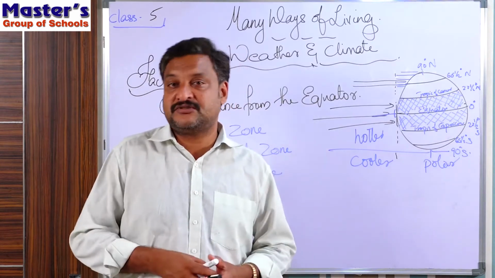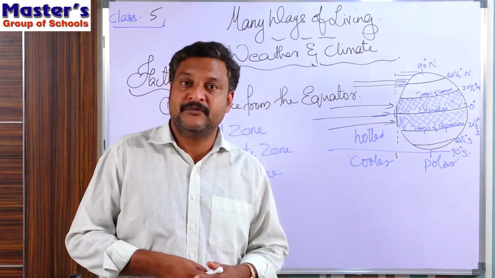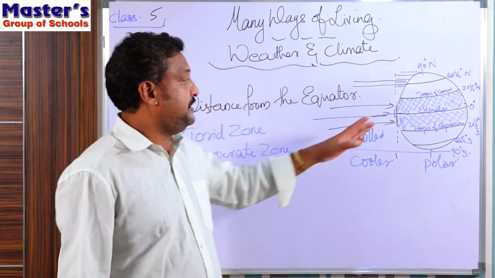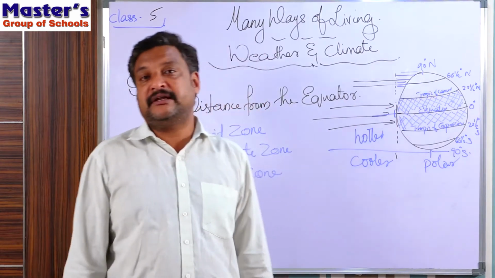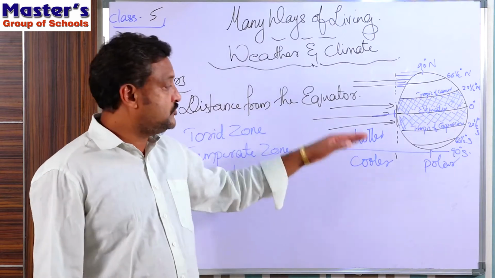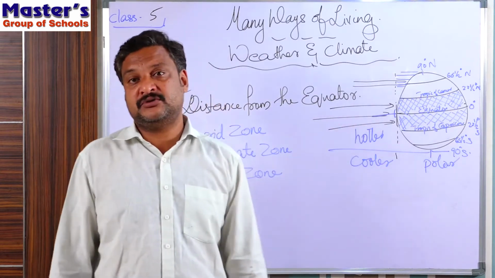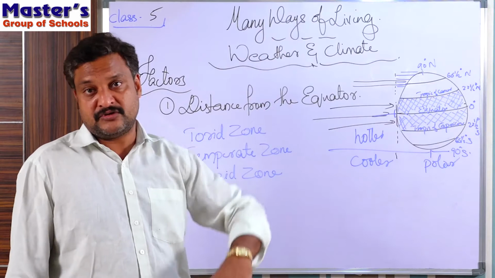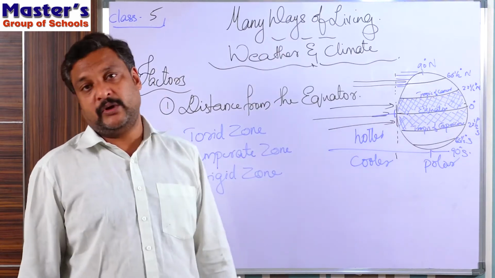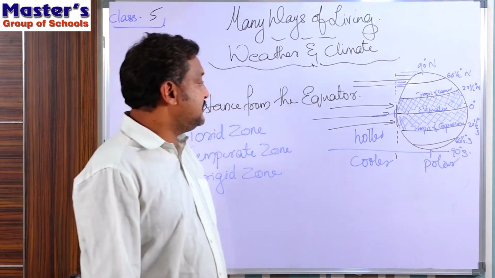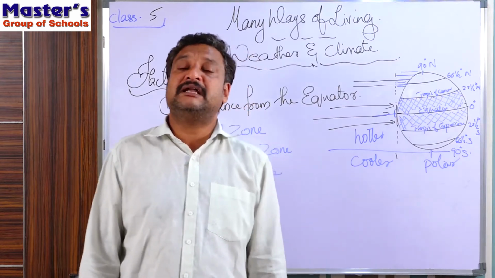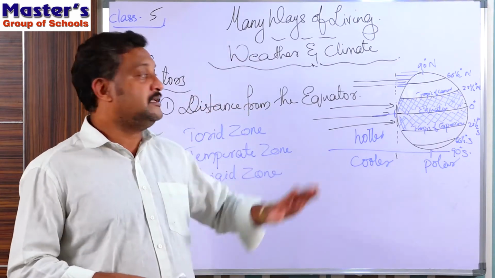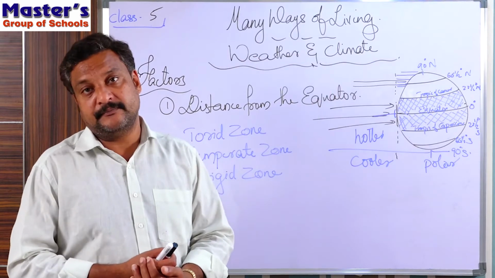Okay, and this lies in between the 23.5 degree north latitude to 23.5 degree south latitude, from the Tropic of Cancer to the Tropic of Capricorn through the equator, right? So this region receives a high amount of direct sunlight and it is the hottest area.